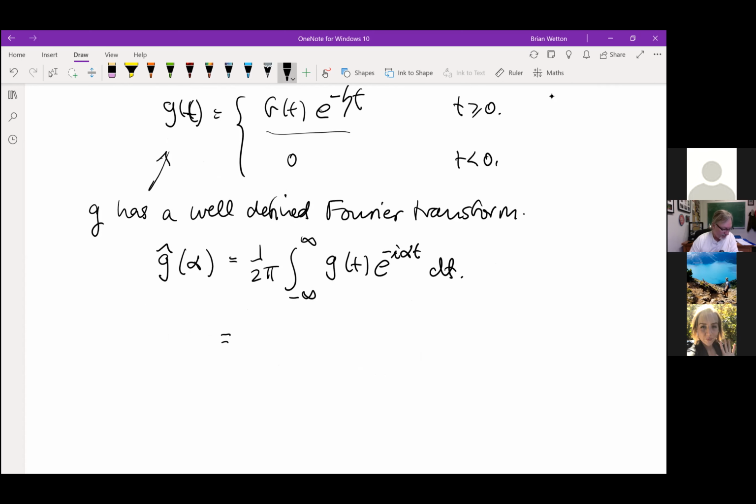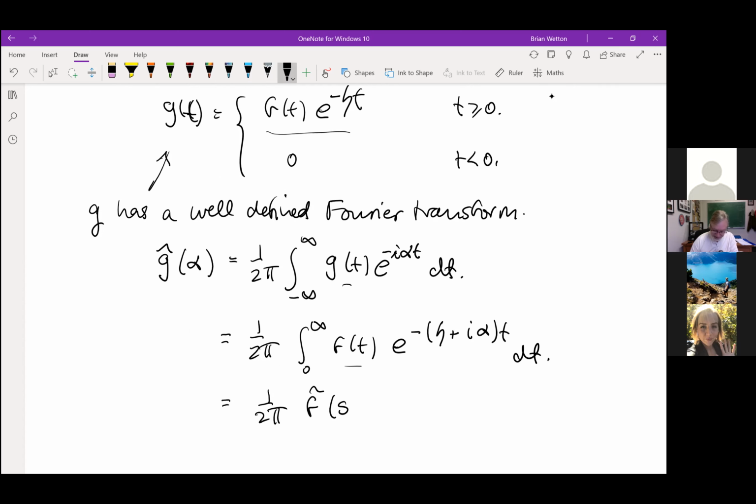My function is 0 for t less than 0, so I don't get the full integral. And over there, it's just this thing. And so this is just 1 over 2 pi, the Laplace transform of S, with S equal to eta plus i alpha.